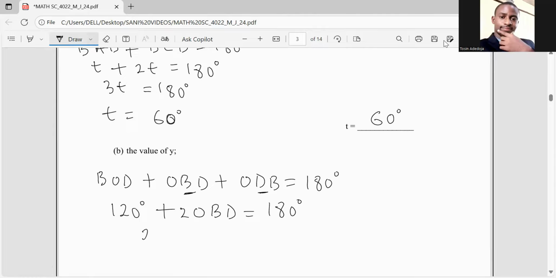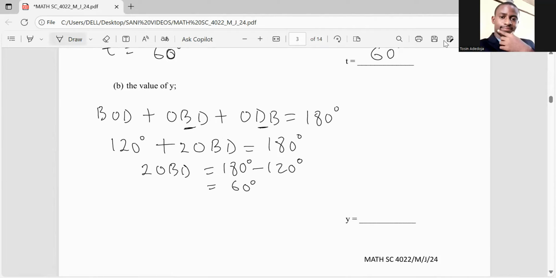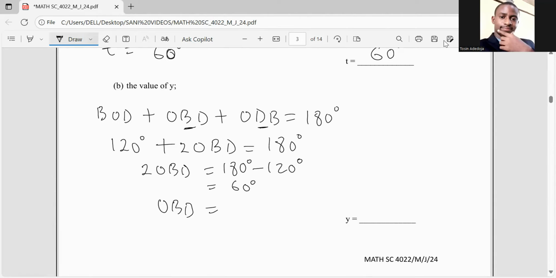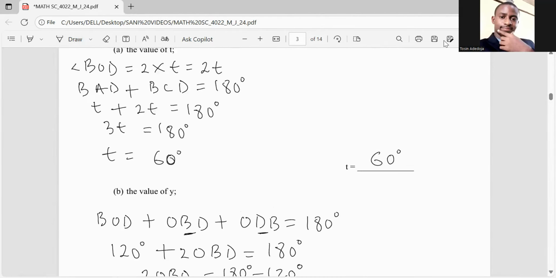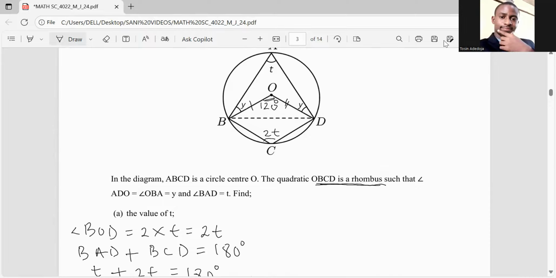So 2 OBD is 180 degrees minus 120 degrees, which gives us 60 degrees. So angle OBD equals 60 divided by 2, which is 30 degrees. Let's go back to the diagram. OBD is 30, ODB is also 30 degrees, base angles of an isosceles triangle.